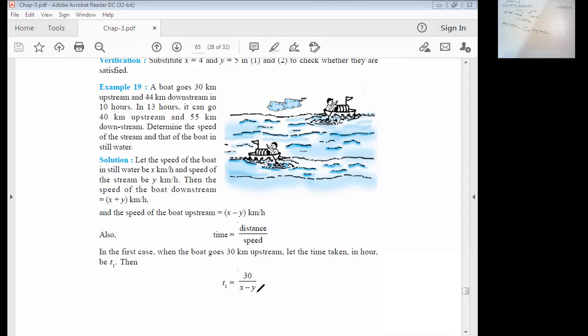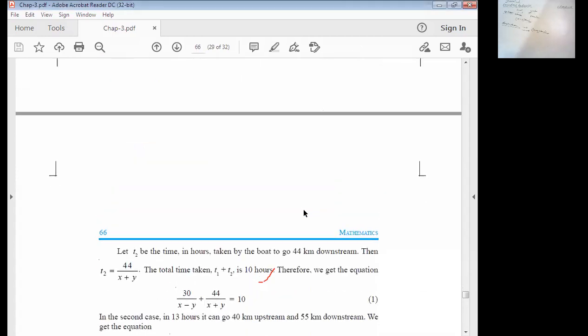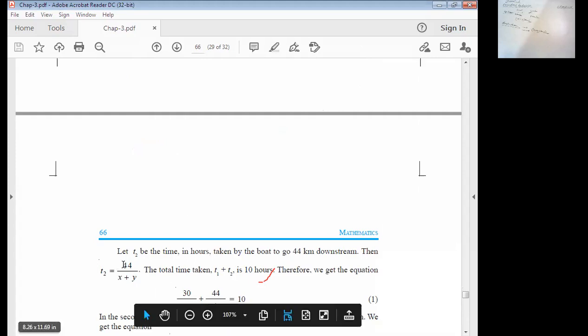You know that time is distance upon speed, and we calculate T1 here: 30 upon x minus y. I hope you understand. Now, T2 is the time taken by the boat to go 44 kilometer downstream, that is 44 upon x plus y.